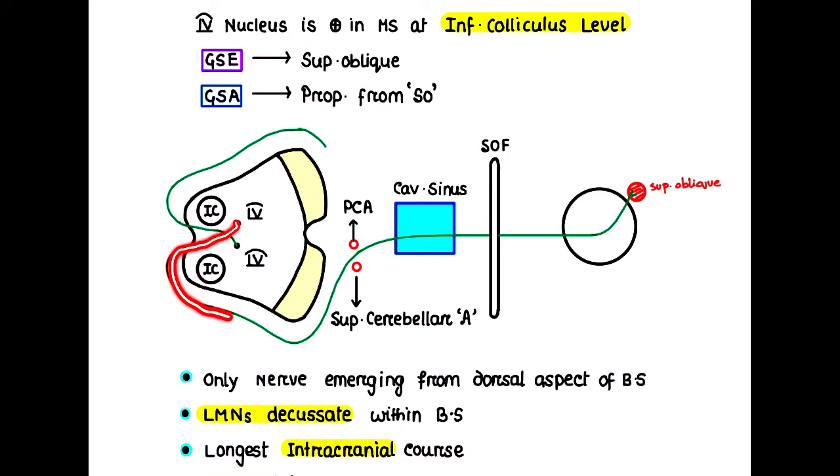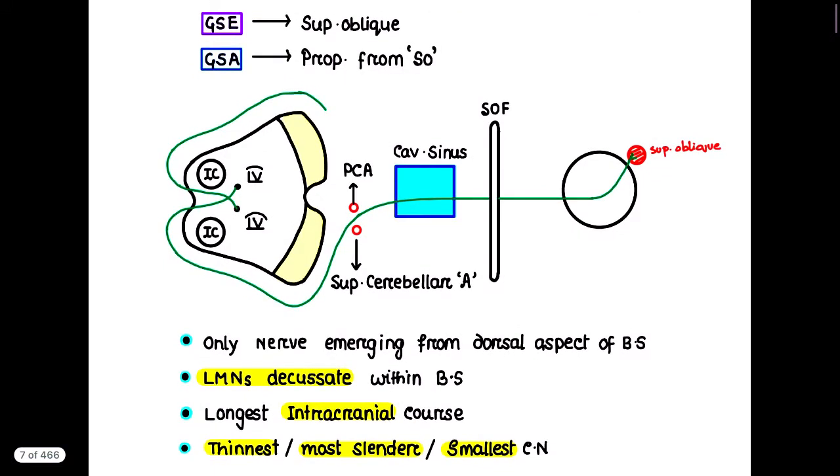It is dissociating and going like this. Since it comes all the way from posterior, it has the longest intracranial course.